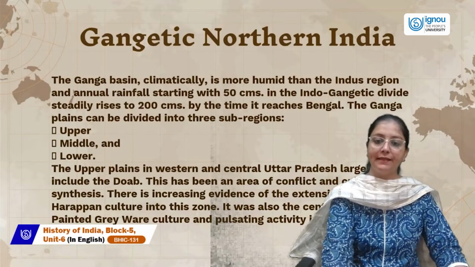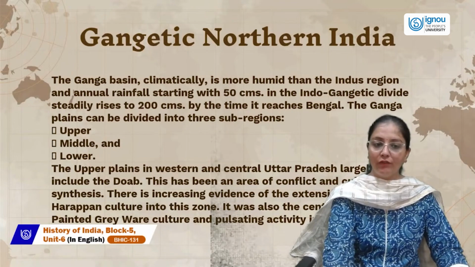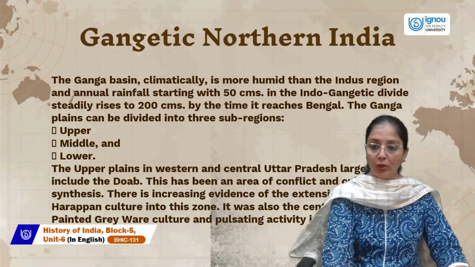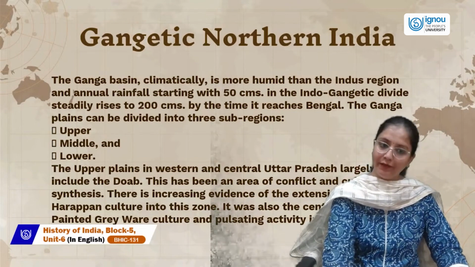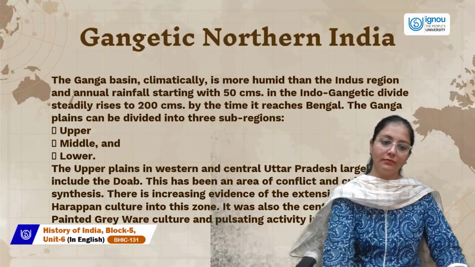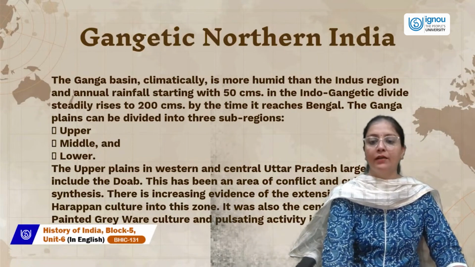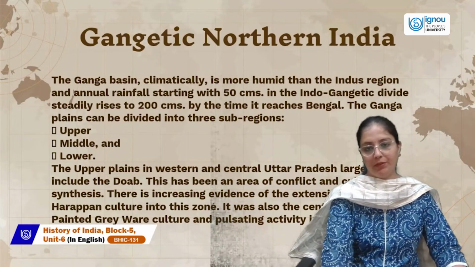There is increasing evidence of extension of Harappan culture into this zone. It was also the center of the Painted Greyware (PGW) culture, and pulsated with activity in the later Vedic period.